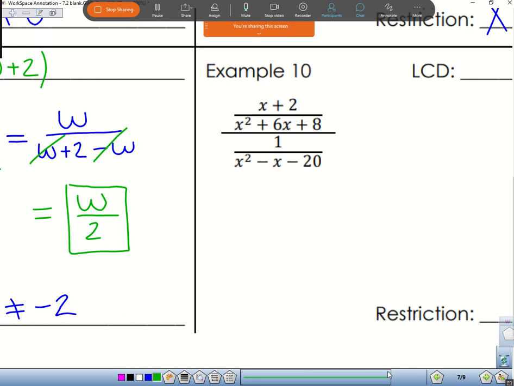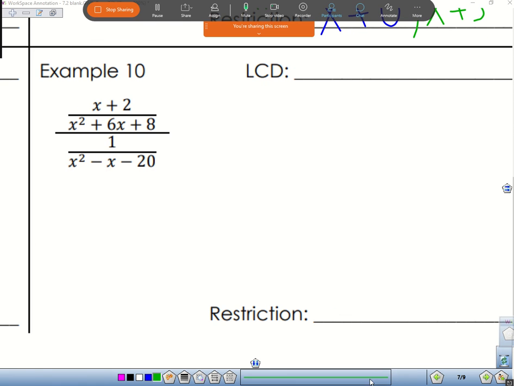Alright, so let's go ahead and try example 10. The first thing you want to do when you see a question like this is rewrite it, but factor those denominators, okay? Because unfactored denominators are pretty useless to us here in this kind of question.